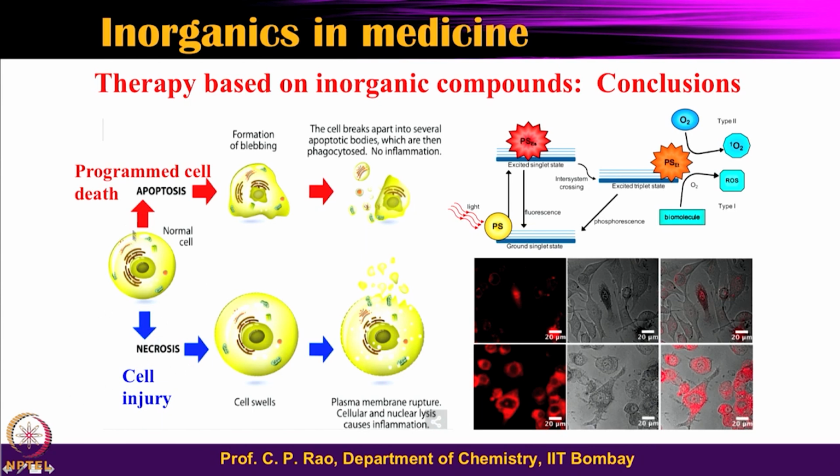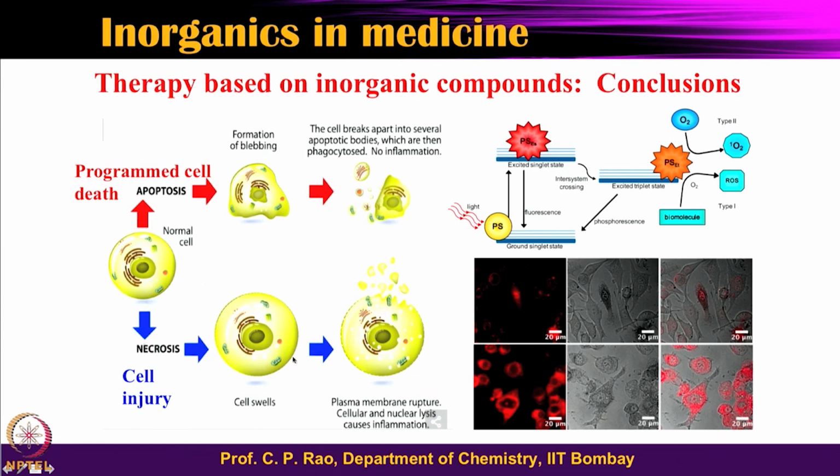In normal programmed cell death, there is formation of blebbing, and then finally breaking into pieces, where the protein is made into pieces, DNA is made into pieces. All this comes by the signals given by different proteins, and these pieces are engulfed, and therefore no inflammation or any kind of problems will be created. So, it is a safe way of killing the cell.